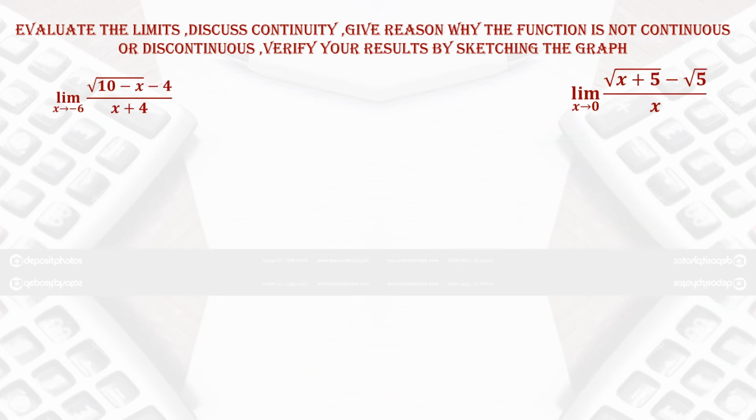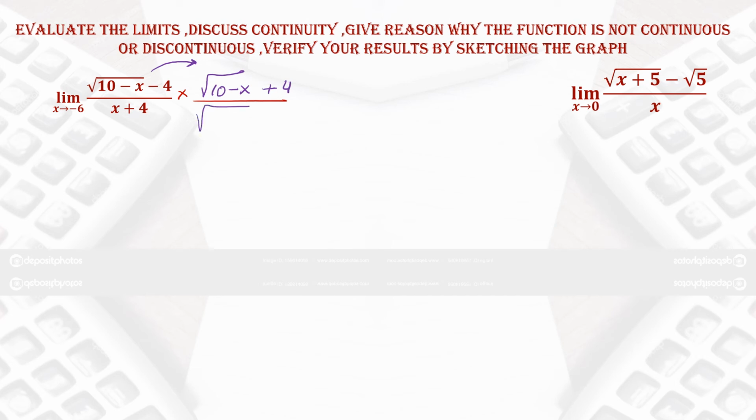Now here the function has a square root. So whenever we have a square root, we always rationalize the function. So write multiply and divide by the conjugate of the numerator, that is square root of 10 minus x plus 4, minus changes into plus 4.